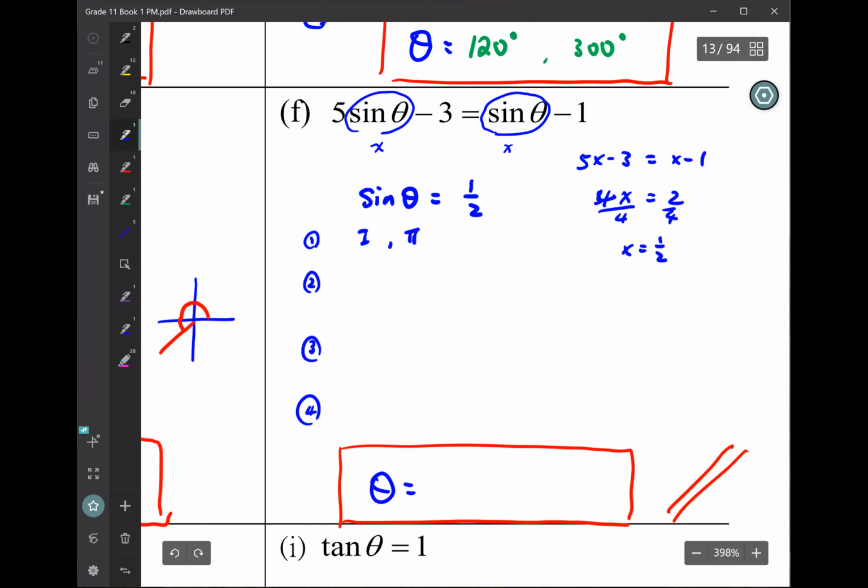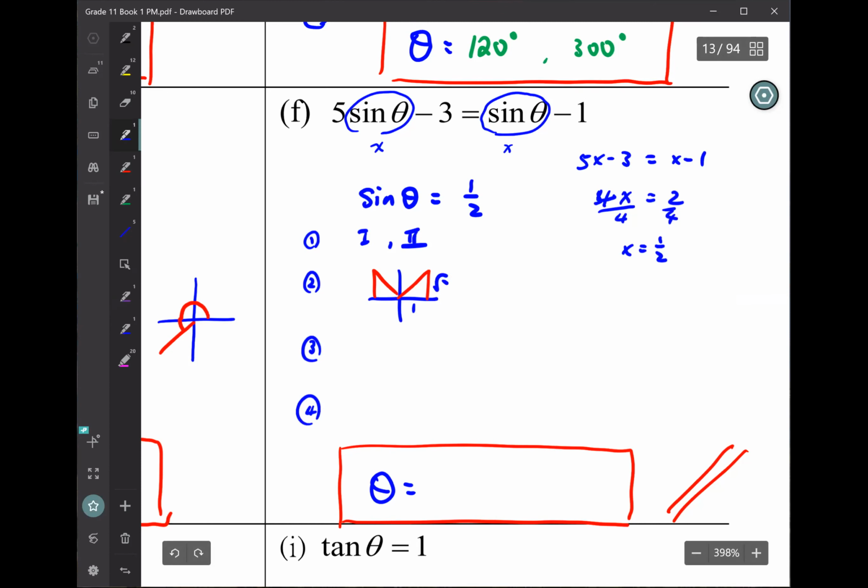Yeah, 1 and 2. Okay, and then Annie, what about step 2? What number goes inside? Square root 3 for the opposite and then 1 for adjacent.